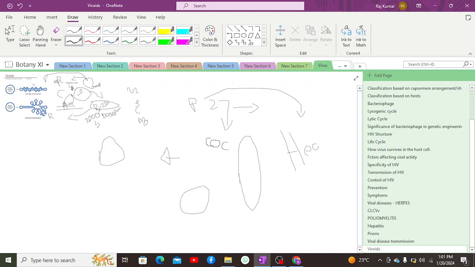Apart from that, there are particular proteins present in the coconut plant known as heat shock proteins. Whenever the temperature of plants increases, they synthesize these new proteins, which absorb the heat energy so that the enzymes within the cells of the plant cannot get denatured.